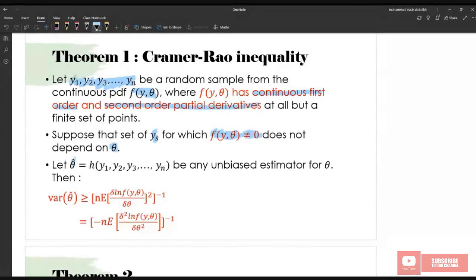Then let theta hat, a function of Y1, Y2 until Yn, be any unbiased estimator for theta.